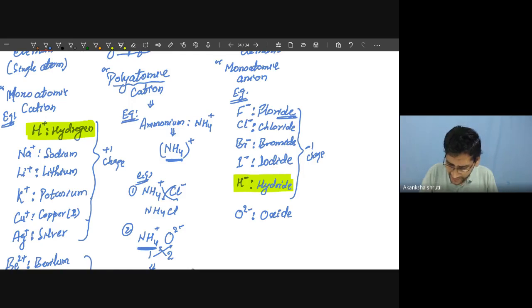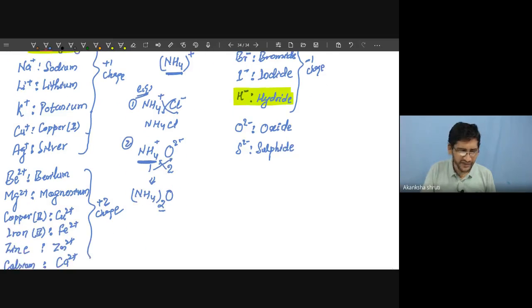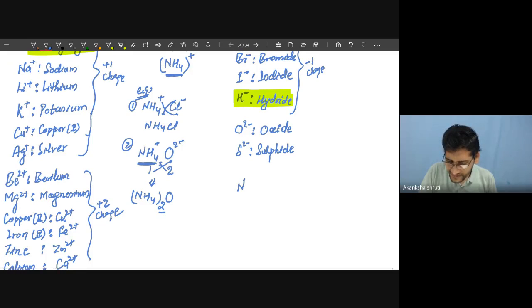Then sulfur exists as S2 minus. It is called sulfide. So IDE is added at the end. Coming to the trivalent also, we have learned how nitrogen exists. Nitrogen with 3 minus is called nitride.